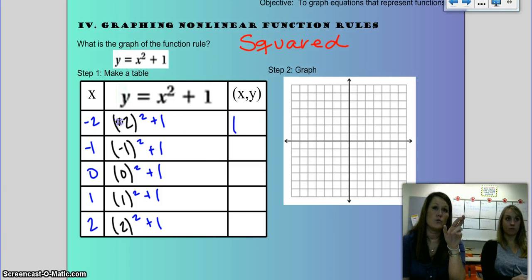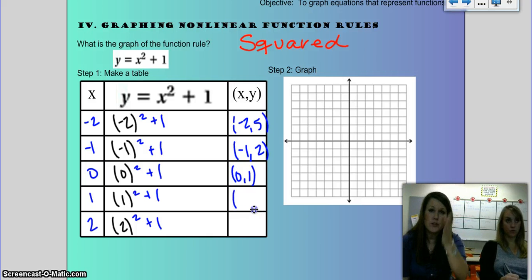So -2 squared, that's -2 times -2, so that's positive 4, plus 1 is 5. Next one is -1 times -1 is positive 1, and then plus 1 is 2. 0 squared is 0, plus 1 is 1. So we have 0, 1.